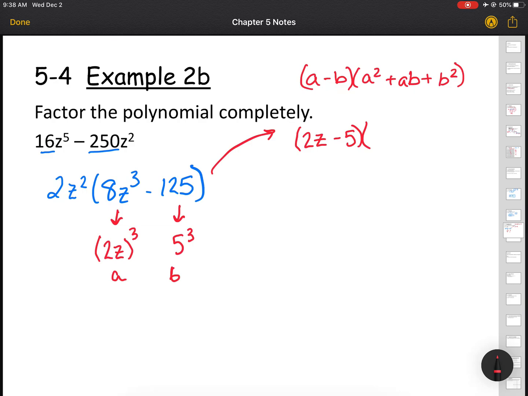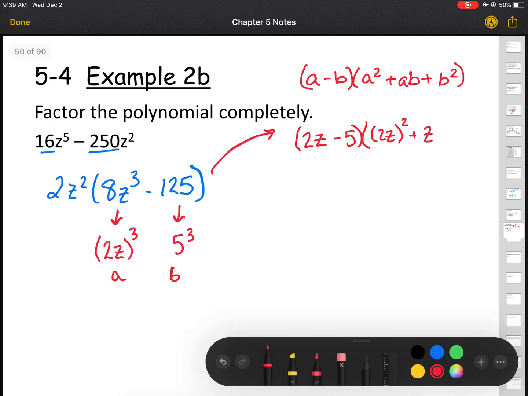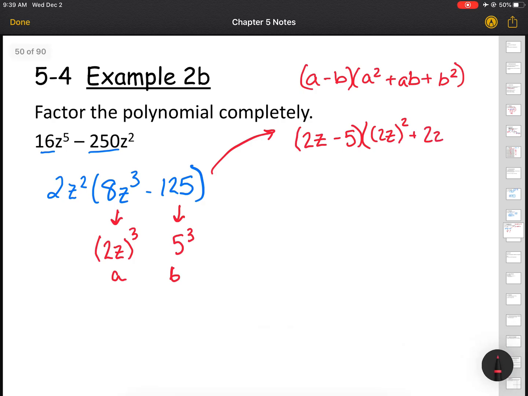And then in my second factor, a squared, that is 2z squared, plus my first term 2z times my second term, 5, plus my second term squared, or 5 squared.